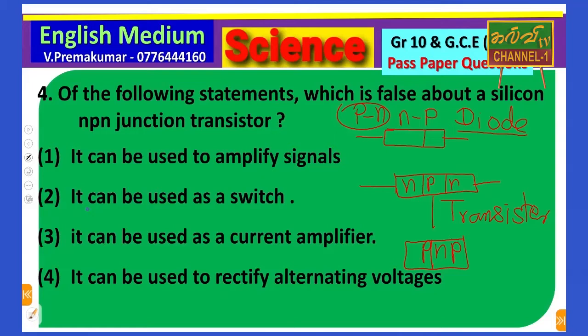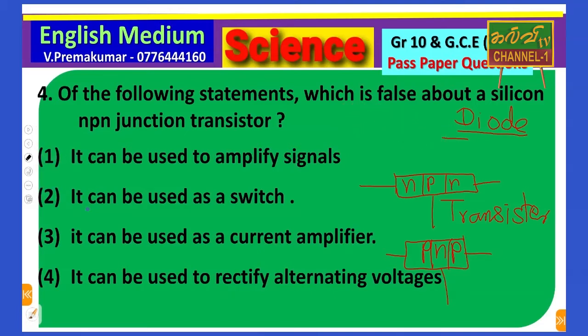These are mostly related to semiconductors, silicon and germanium. We will study what an N semiconductor and a P semiconductor are later. Anyway, students must know about this. What is a transistor?